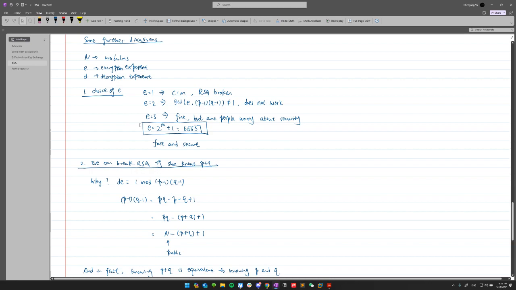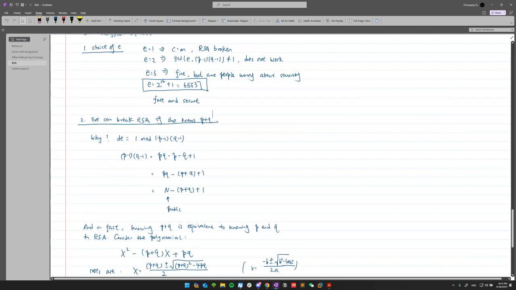What is commonly used is E equals 65537. This is the gold standard of RSA, and if you are building a library, you want to follow this standard. So just pick this E, okay?